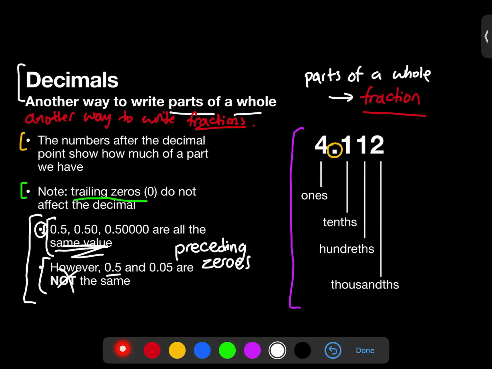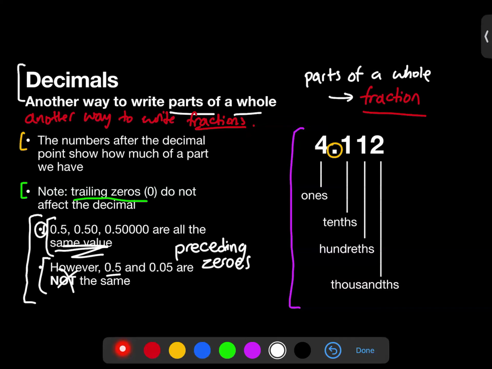Just like your standard numbers, 4, 15, 17, 100, the first digit here is called the ones place. Now, when we go after the decimal, it gets a little bit more complicated.